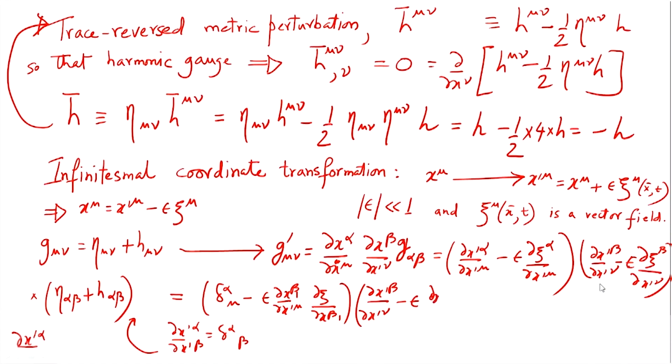Similarly, I can put ∂x^β2/∂x'^ν into ∂ξ^β/∂x^β2, multiplied by η_αβ plus h_αβ.